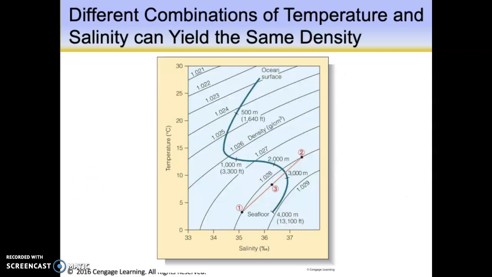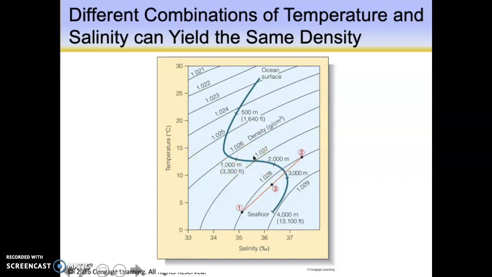So if we go to the next slide, we can see this graph, which looks very busy, and it is. The main thing I want you to take away from this is that the factors affecting density are salinity and temperature, and the density that we get is a combination of those two.